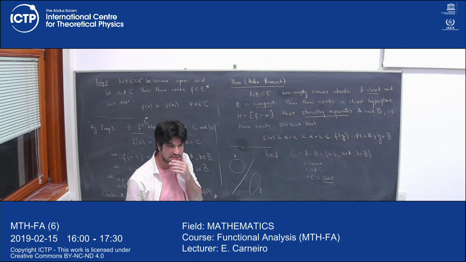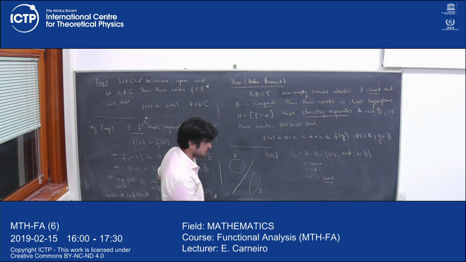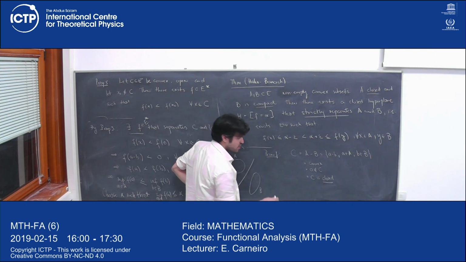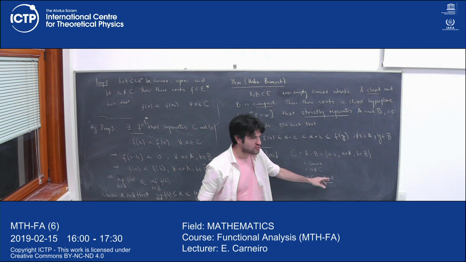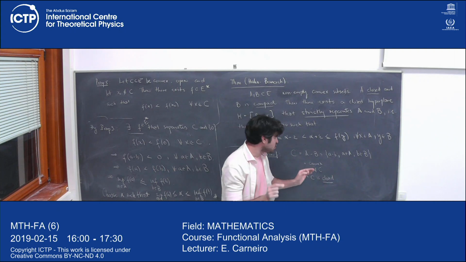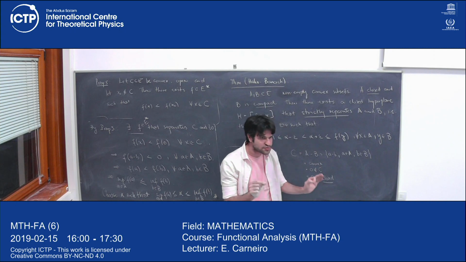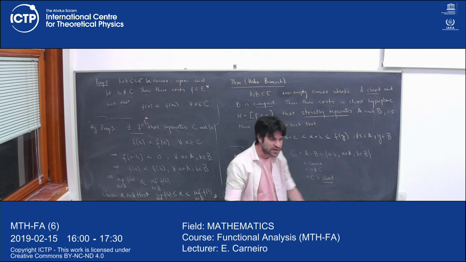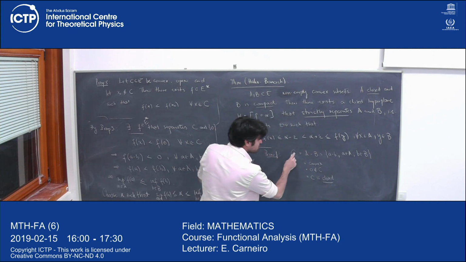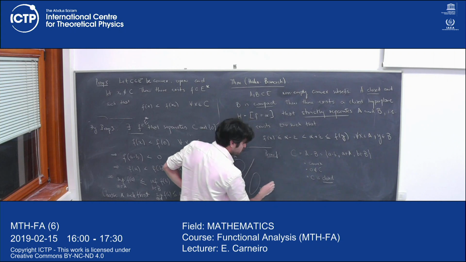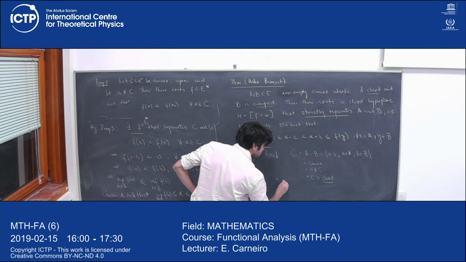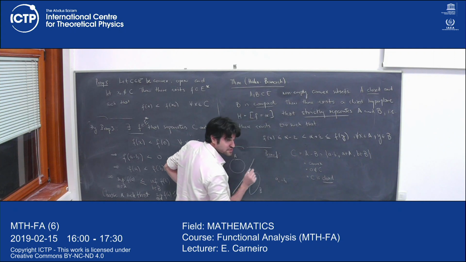And how do you see that this set C is closed? Well, here is the usual argument. I want to prove that it's closed, so any convergent sequence in the set C should converge to a limit that is in C. So take a convergent sequence of points in C. Points in C are of this form, a_i minus b_i for certain indices i.